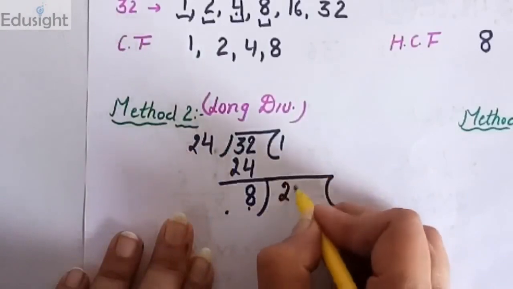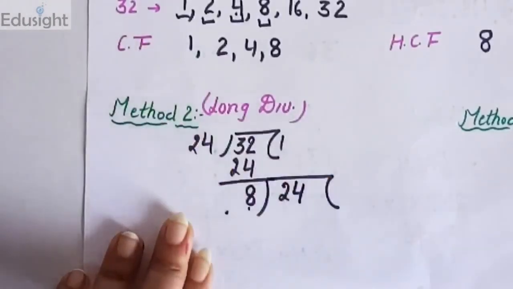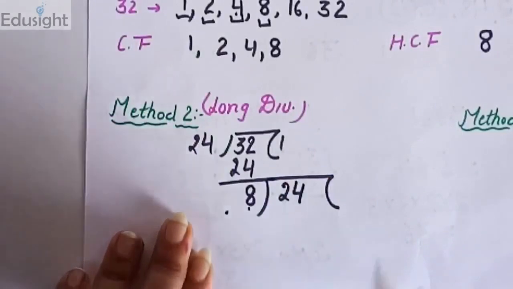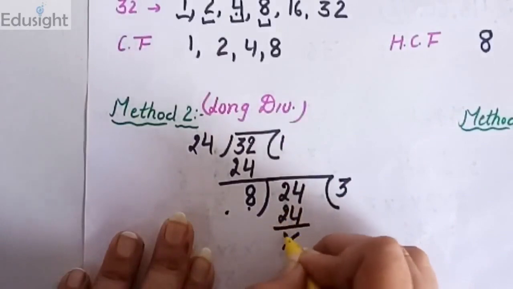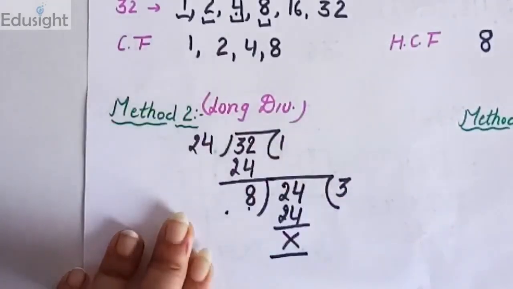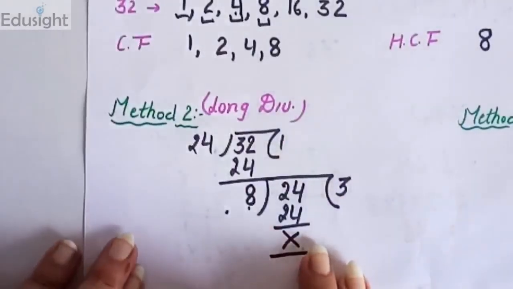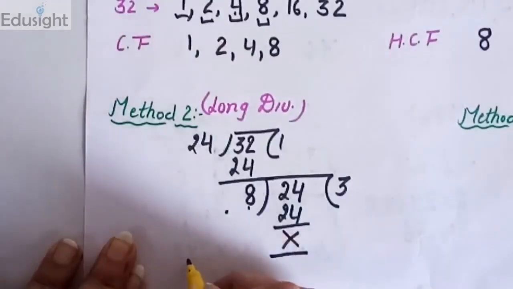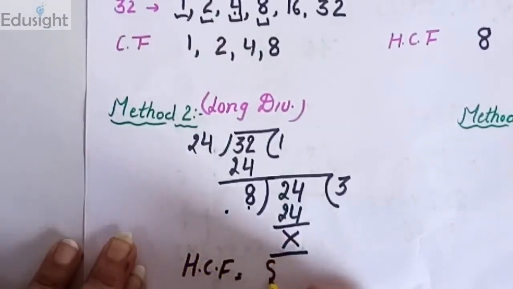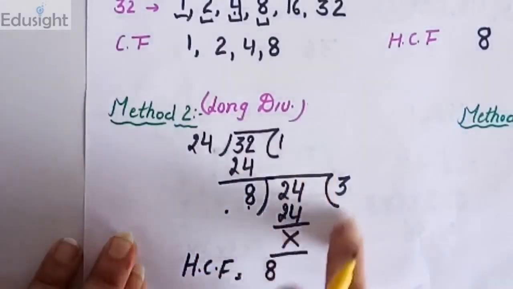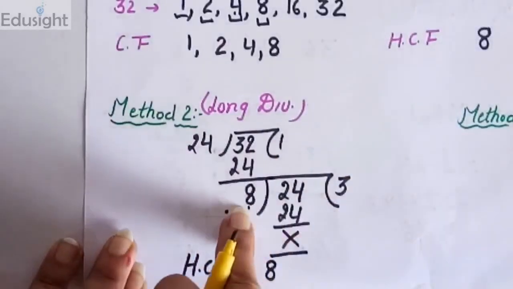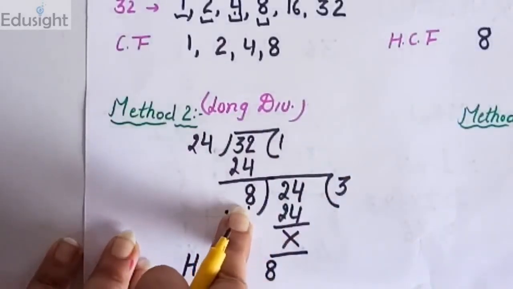Now 24 comes here at the place of dividend. Now 8 threes are 24. Here your remainder is 0. So our division process is complete. HCF is 8. Where your division process completes, that divisor is your HCF.